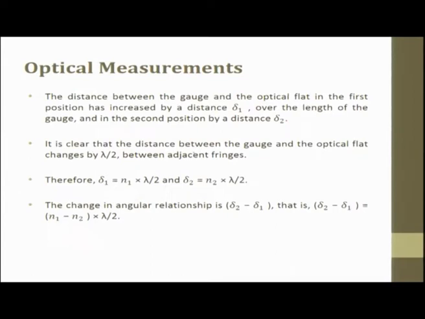It is clear that the distance between the gauge and the optical flat changes by lambda by 2 between the adjacent fringes. So, therefore, delta 1 is n1 lambda by 2 and delta 2 is n2 lambda by 2. So, the change in angular relationship is delta 2 minus delta 1, which is nothing but n2 minus n1 into lambda by 2.